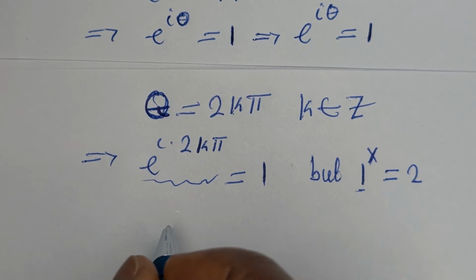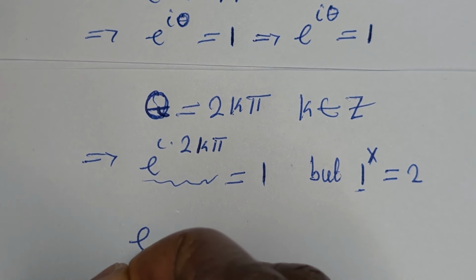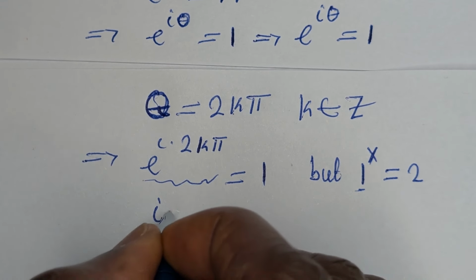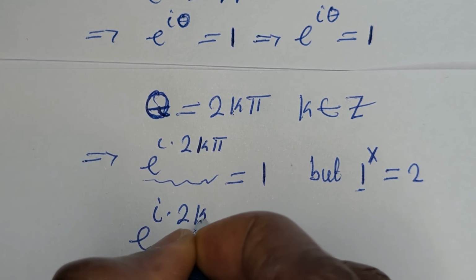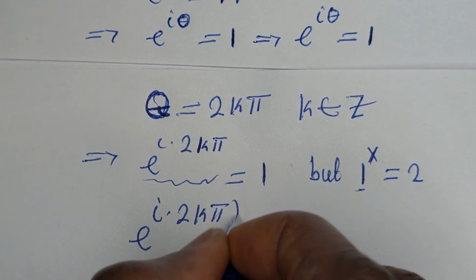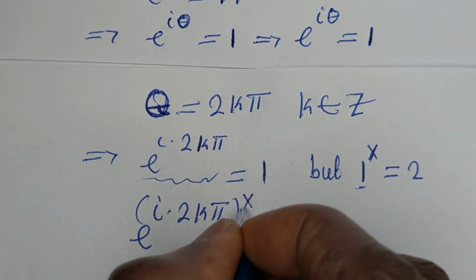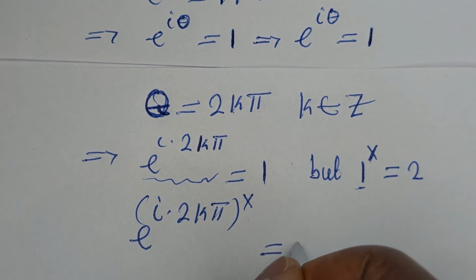Now this is e to the power i multiplied by 2k pi, then to the power of s is equal to 2.